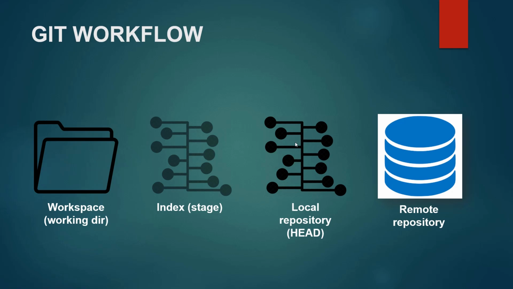Okay, so locally modified. And staged means that the file is basically a part of a certain index, and what that means is that it is tagged to be considered in the next commit. Okay.